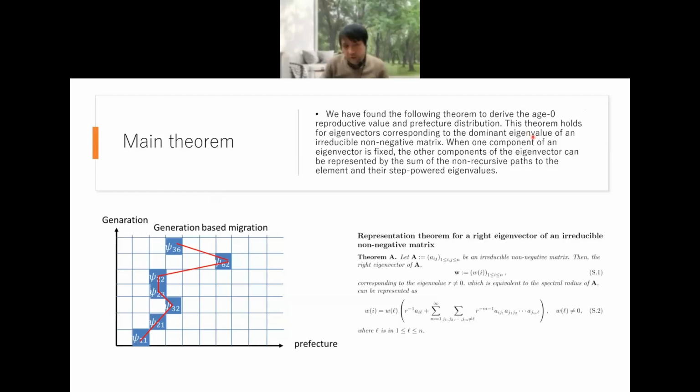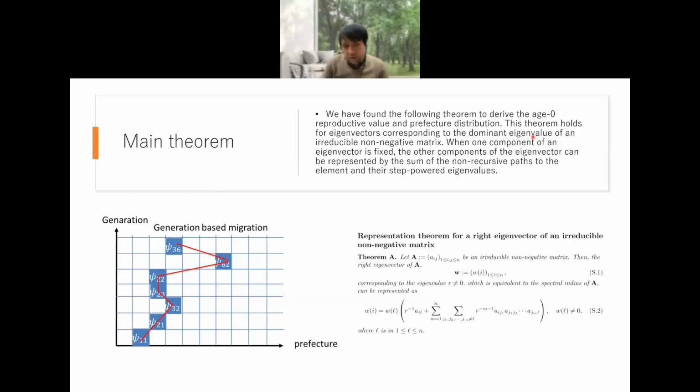We found the following theorem to derive the reproductive value and the prefecture distribution at age 0. This theorem holds for eigenvectors corresponding to the dominant eigenvalue of an irreducible non-negative matrix.